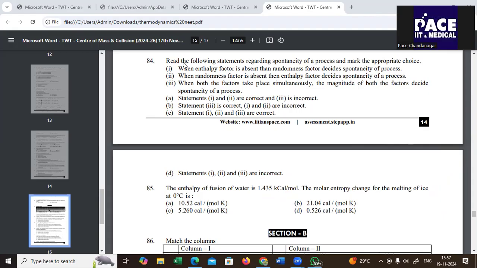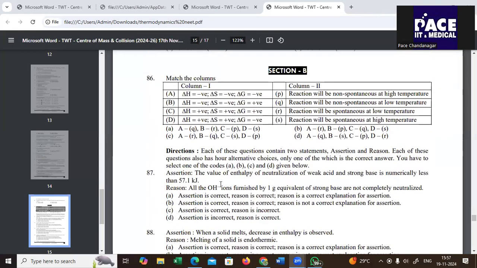Question number 86. There are a few questions based on the same thing. Delta G is equal to delta H minus T delta S. Here, delta H is negative. By now, I am sure that you all would have corrected your formulae, right?